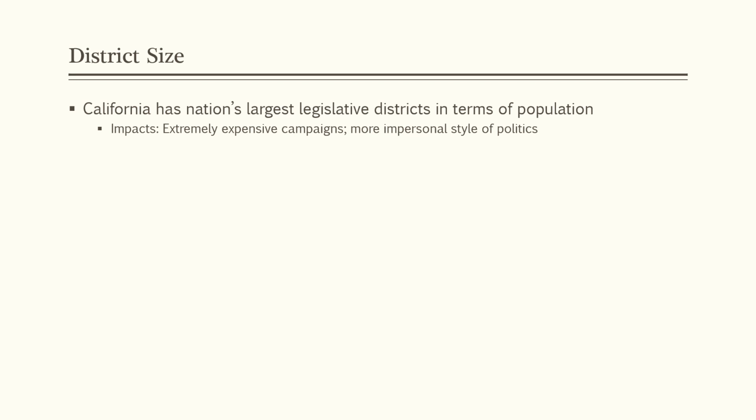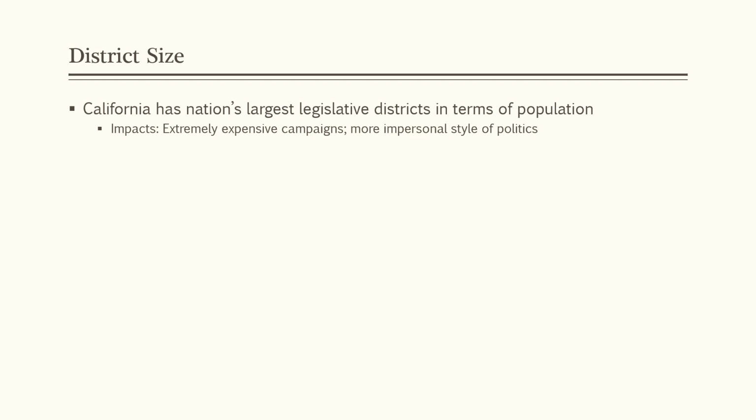It also means we've got a more impersonal style of politics in California than in some other states. So a state like New Hampshire, where there's 1 representative in the state house for every 3,000 people, is going to have a much more personal style of politics, where individual legislators get to know their voters or their constituents in pretty close personal detail.